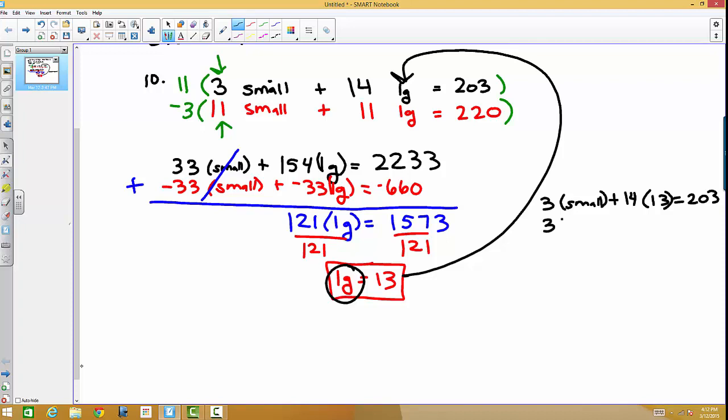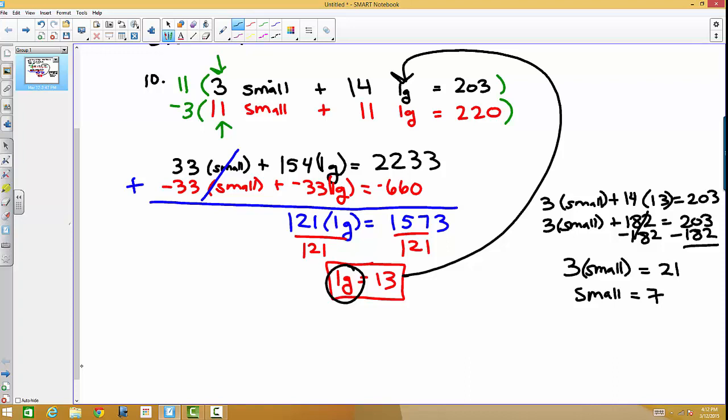So 3 times small plus 182 equals 203. You would need to subtract 182. So 3 times small equals 21. So the small equals 7. So you have 7 small containers and 13 large containers.